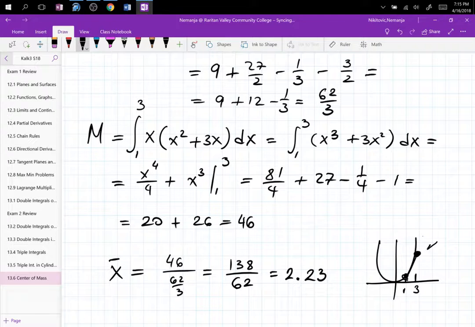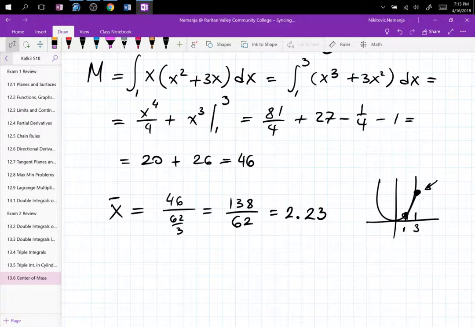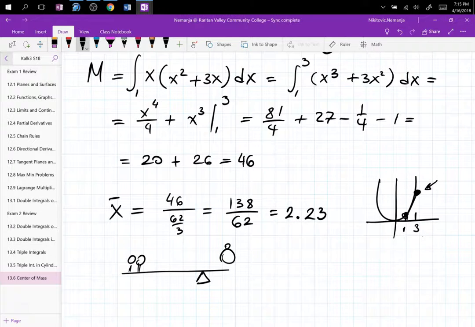So if there's more density on this side, there is more mass on that side, which moves the center of mass towards the heavier side, right? Just think of a seesaw. If you have an unequal seesaw, this is where you would put a fat kid, and this is where you would put those skinny kids, right? And then it's balanced.